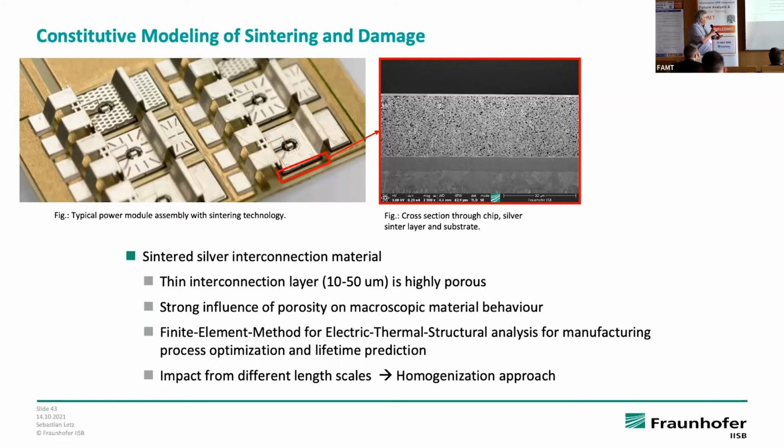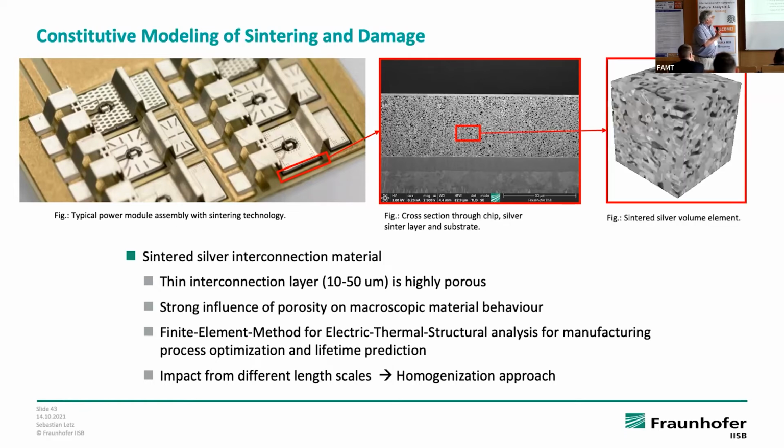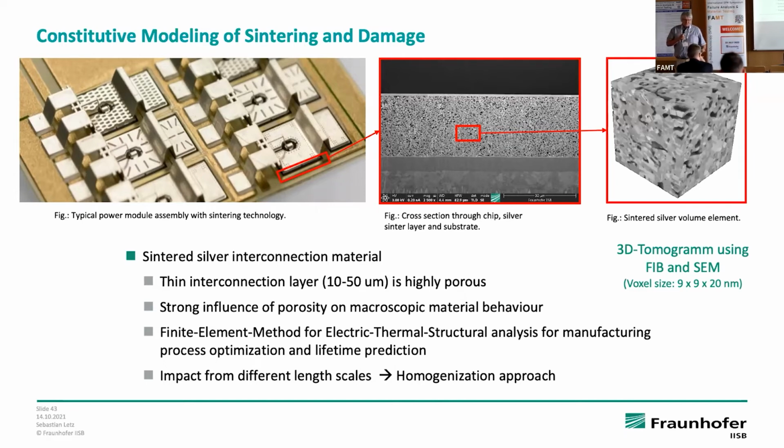So you need to get a material model for the sinter layer to be able to use it in the calculation. And this is what we do, for example, with the FIB and the SEM. We do a 3D tomogram of a representative sinter volume, about 3 micron, and the voxel size would be 9 by 9 by 20 nanometers.